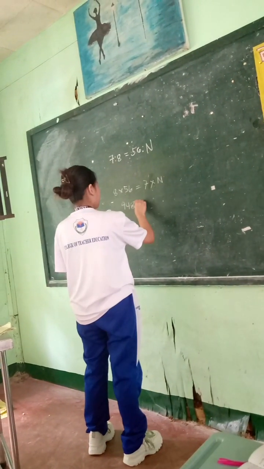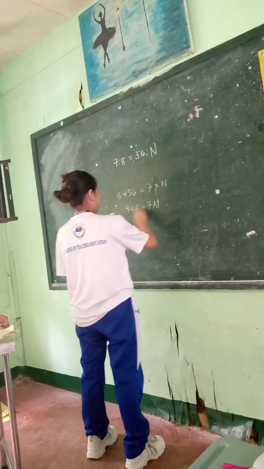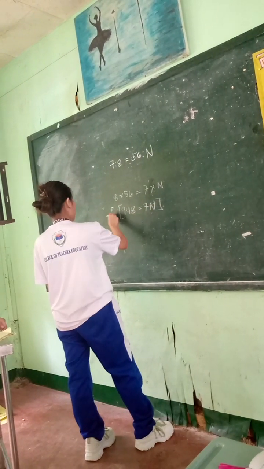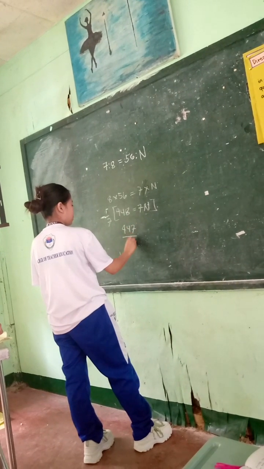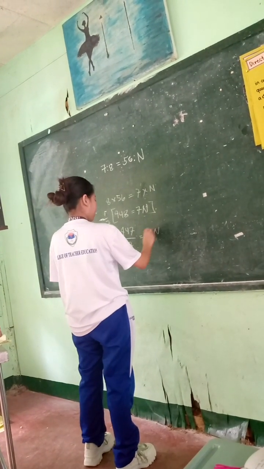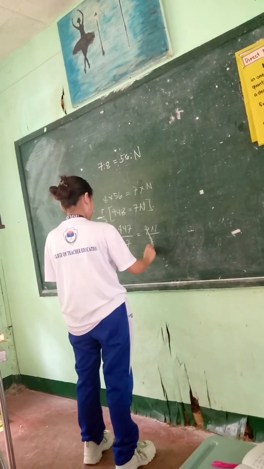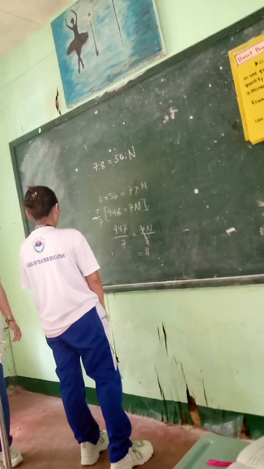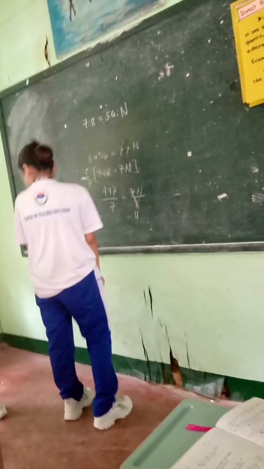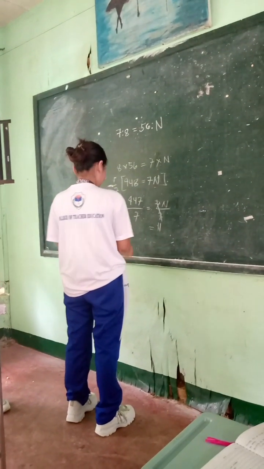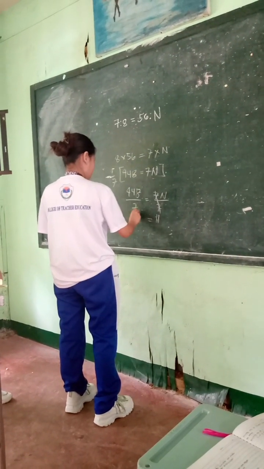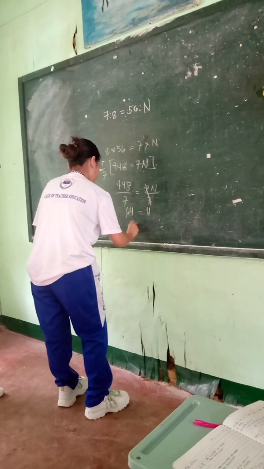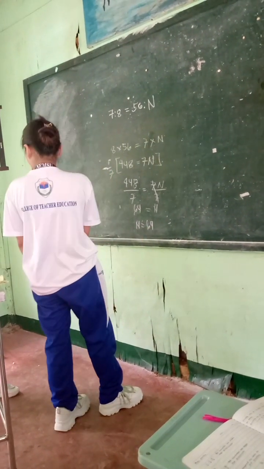So 448 equals 7n. We divide both sides by 7. 448 divided by 7 is 64. So the missing term is 64.